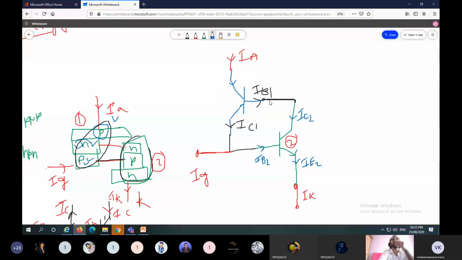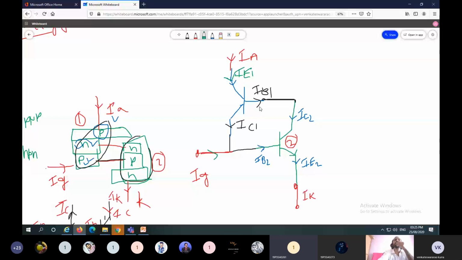So for first transistor, this current is IE1. This one is IC1, this one is IB2, and this one is IC.